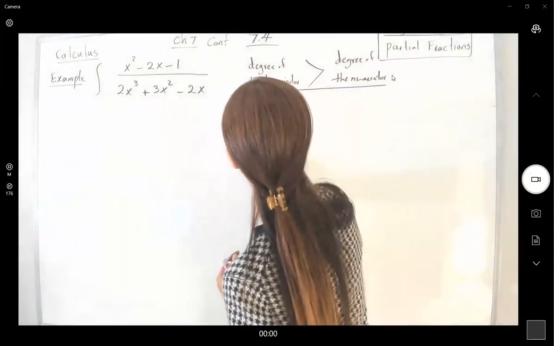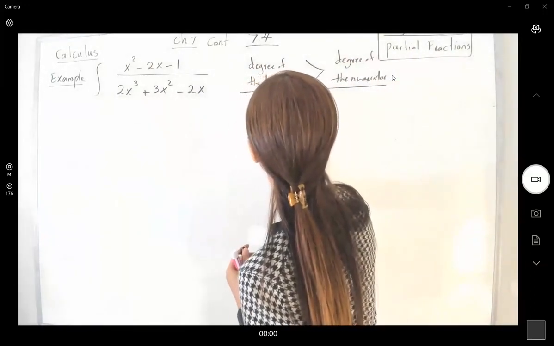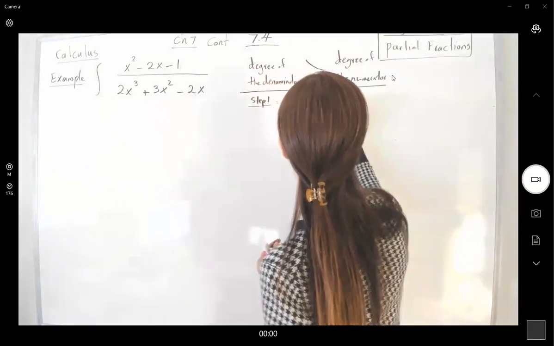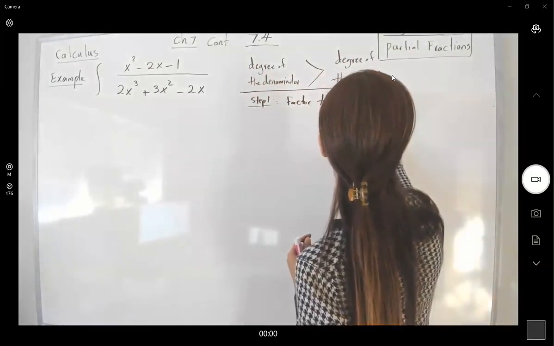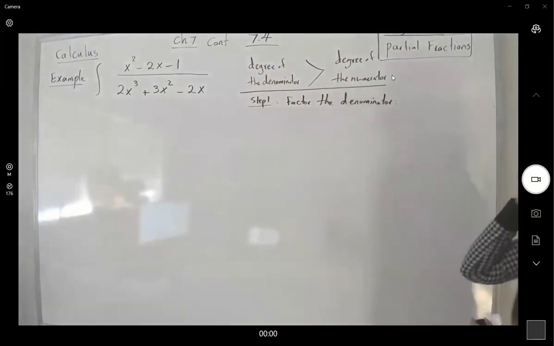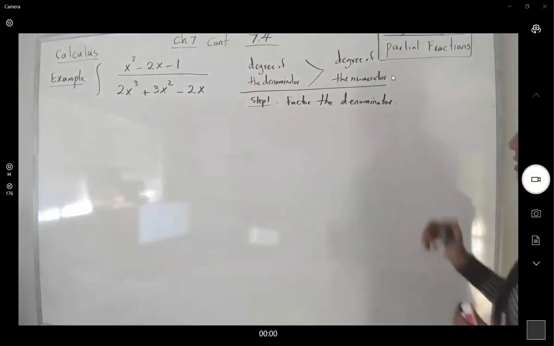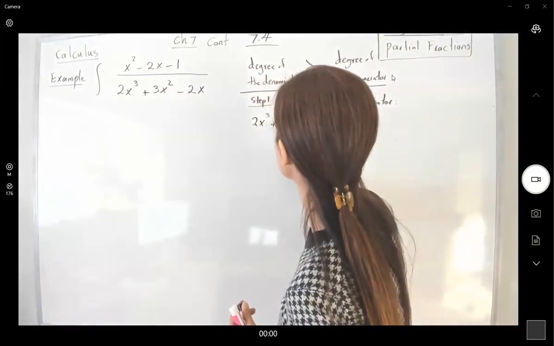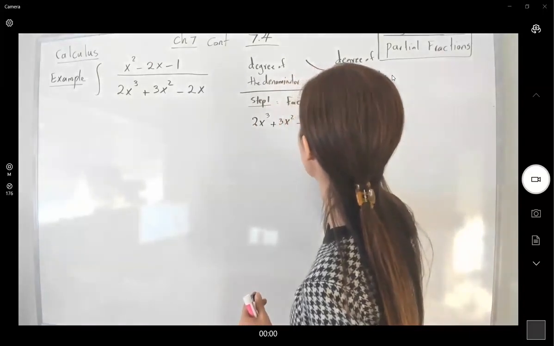So step 1, factor the denominator. Okay, let's factor out our denominator. Here we have 2x cubed plus 3x squared minus 2x.